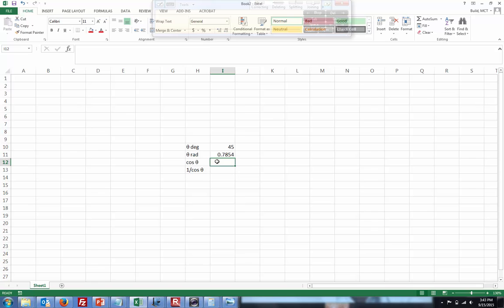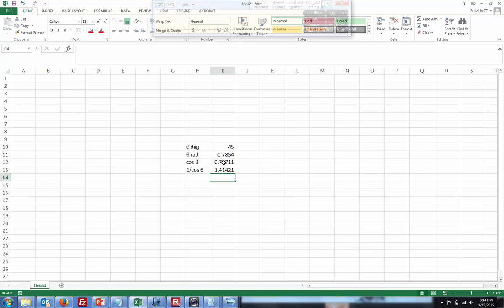Cosine theta equals cosine of that number. That's that 70% I just talked about a second ago. Now equals 1 over that number. Okay, so it's almost 1.5. What we're looking at in the book is an air mass of 1.5.